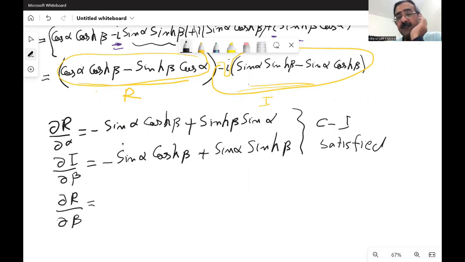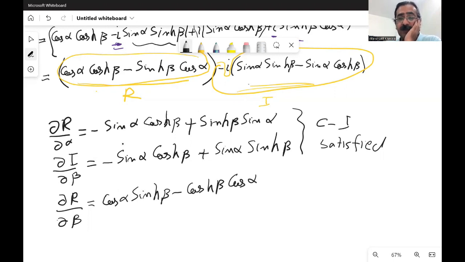If we take the derivative with respect to beta, then cos alpha, the derivative of cos hyperbolic beta is sine hyperbolic beta, and minus, derivative of sine hyperbolic is cos hyperbolic beta, and cos alpha will be the same because this is a partial derivative and we are considering alpha constant in this case.